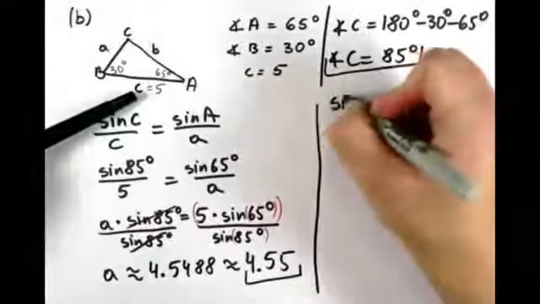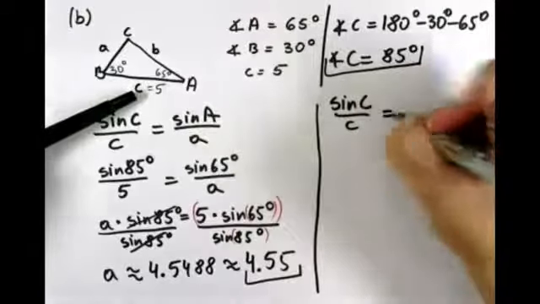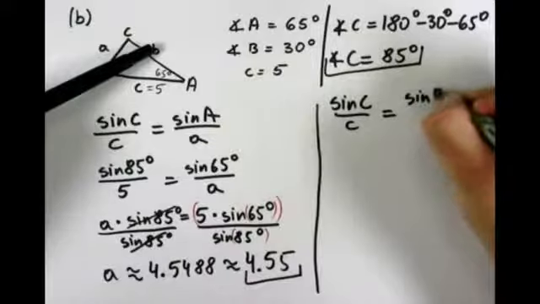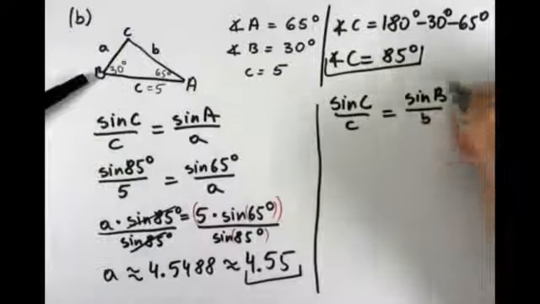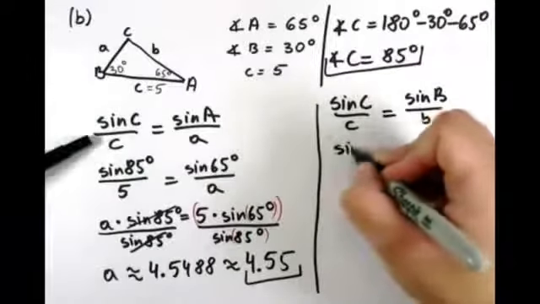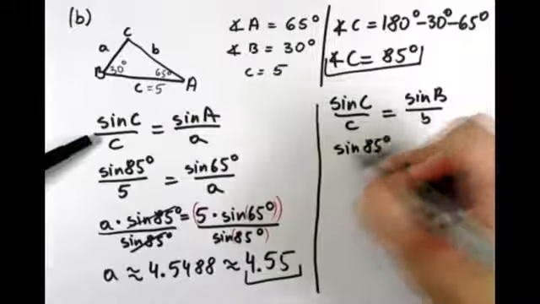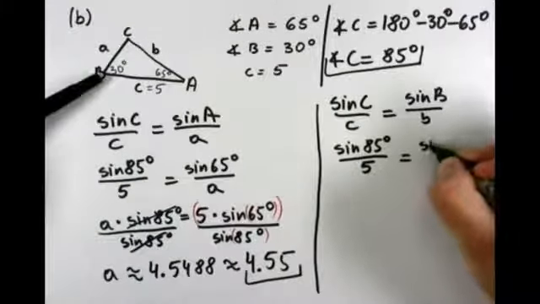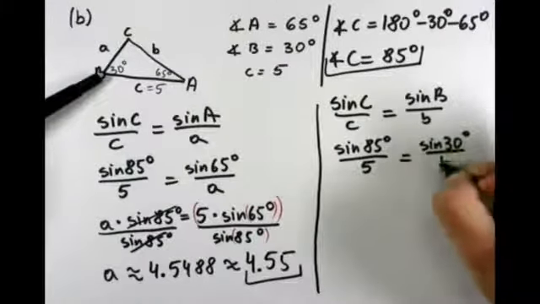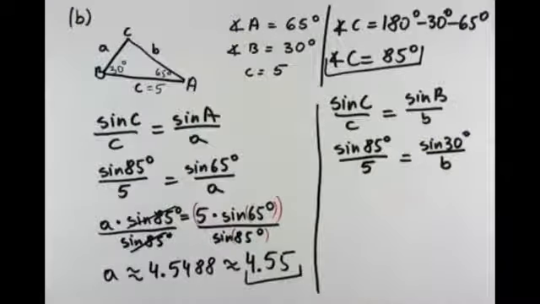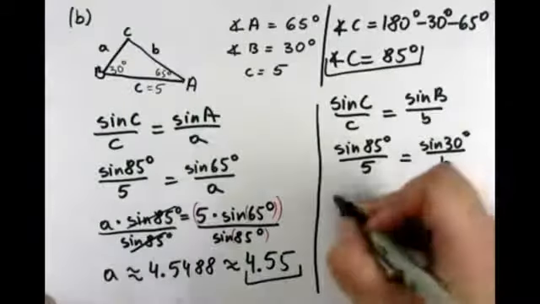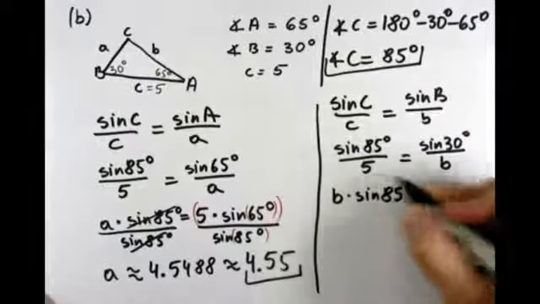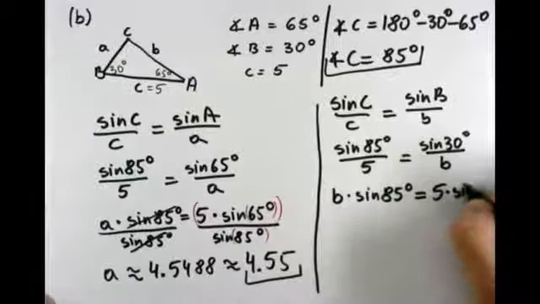Sine C over C is equal to sine B over B. So we have sine C, sine 85 degree over 5, is equal to sine B, sine 30 degree over B. Sine 30 degree is 1/2. But we can cross multiply as before. B times sine 85 degree is equal to 5 times sine 30 degree.